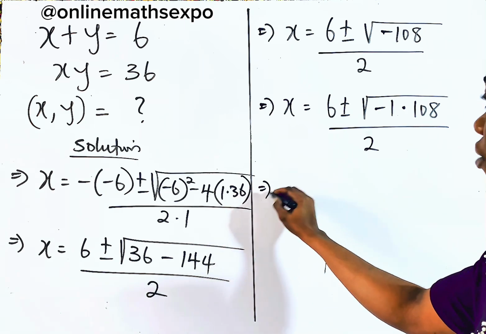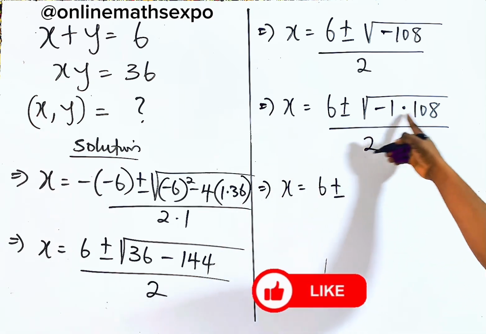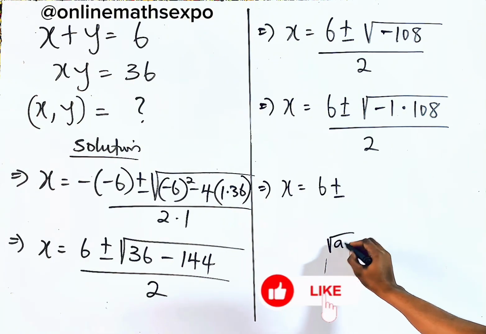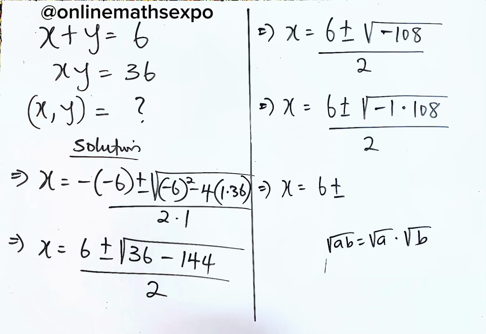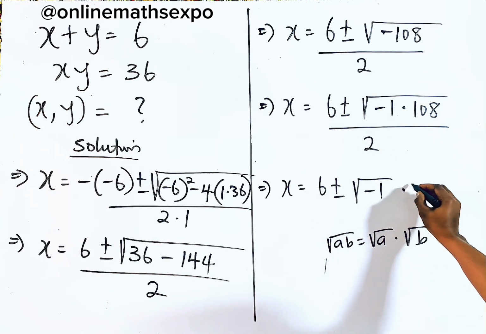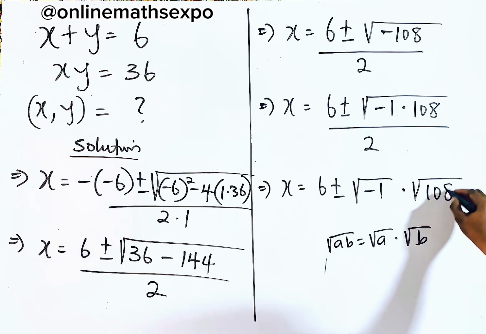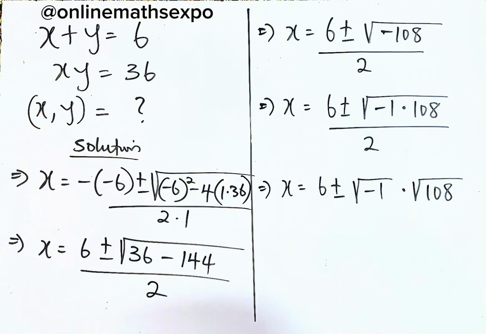Now remember, for every root of ab, it is root of a multiplied by root of b. So we're going to have root of negative 1 multiplied by root of 108, divided by 2.